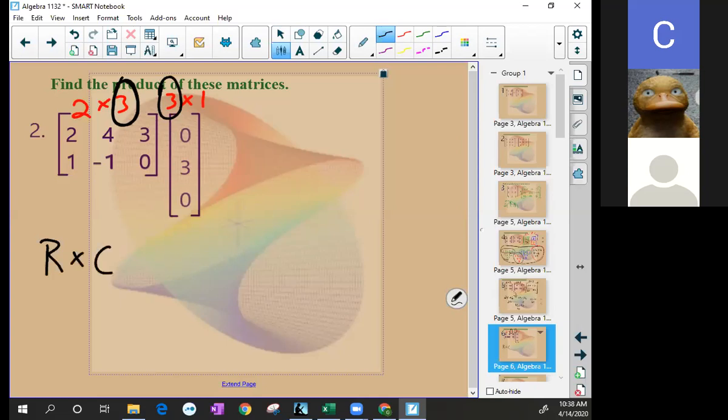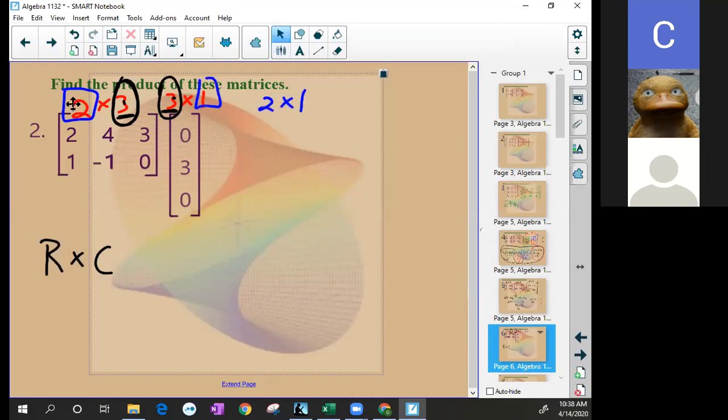If the columns in the first is equal to the rows in the second, we can multiply. If those two numbers do not match, you cannot multiply. Now, the size of your answer will be 2 by 1. So we're going to get a 2 by 1 matrix as our answer. This will make a little more sense as we do it.